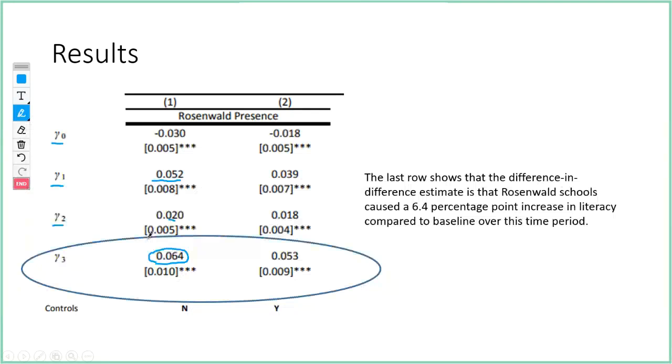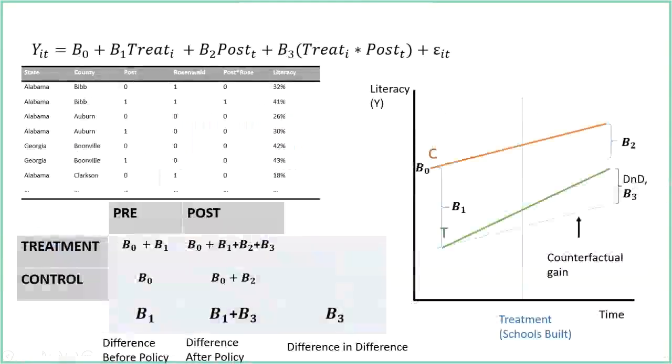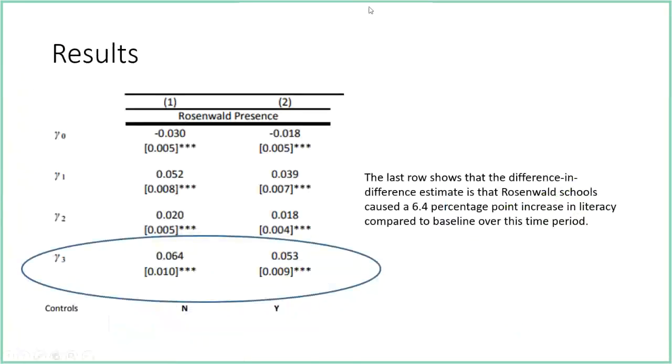So 0.064 is representative of, and I should note that the graph that I made in my slides is not to scale or not representative of this true experiment. But the interpretation, what the authors found, was that the Rosenwald schools made a 6 percentage point gain in literacy rates for school districts that did build these rather than for ones that did not.